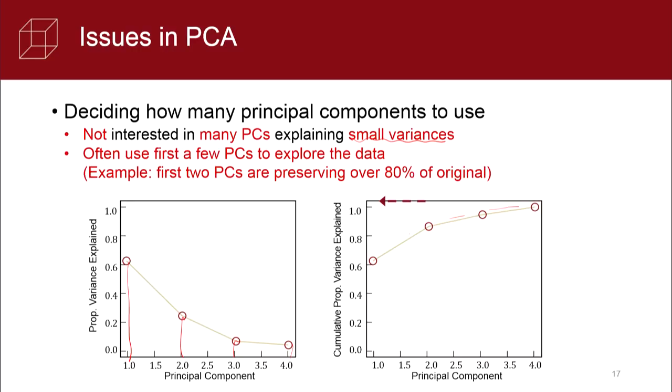So by using the first two principal components, we can preserve 80% of the variance of the data distribution. So we often use the first few principal components to explore the data and to explain the data as well.